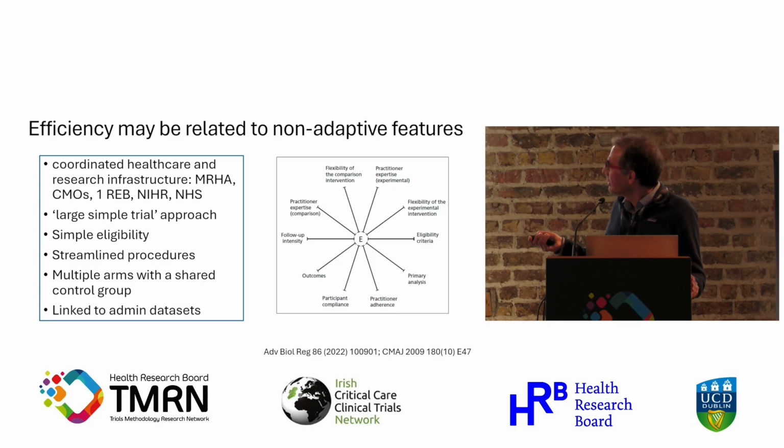So the advantages of the UK system were very simple eligibility criteria, coordinated health infrastructure. They did have some features that platform trials use, such as multiple arms with a shared control group. But I think many people have argued that the real success here had to do with the healthcare infrastructure, the large, simple trial approach, the link to administrative data sets, as opposed to being a platform trial per se.